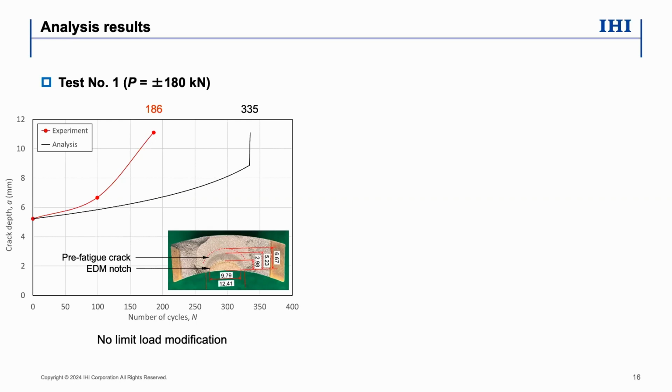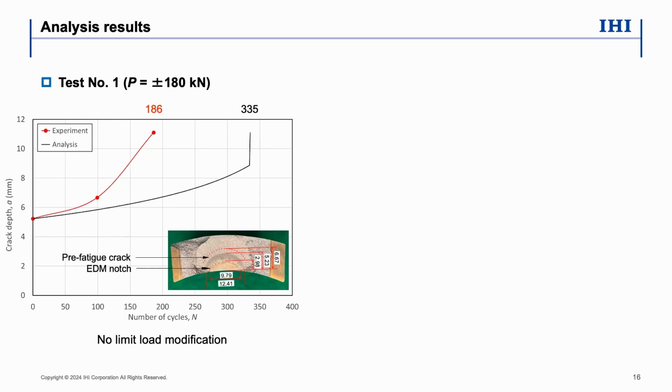This slide presents a comparison between the experimental result and the analysis results. At first, we did fatigue crack analysis without any limit load modification. The wall-through crack life was 186 in the experiment, and the wall-through crack life of the analysis was 335.